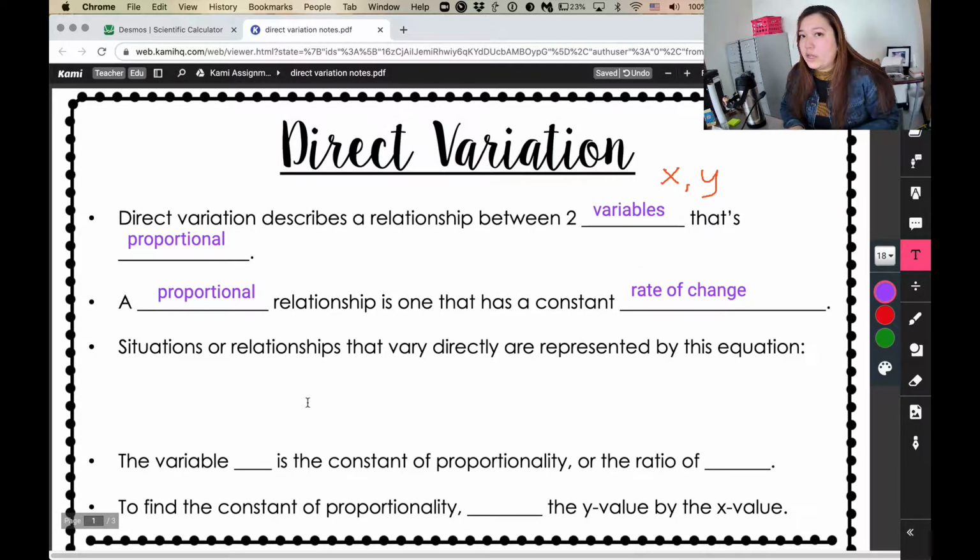So here's a very good example of a proportional relationship, and that is hours that you work. Like you have a part-time job, you get paid by the hour. Let's say you get paid $10 an hour. Okay? Now, that's a proportional relationship because the amount of money that you make on your paycheck is directly related to how many hours you work. Okay, so let's say 1 week you work 5 hours.